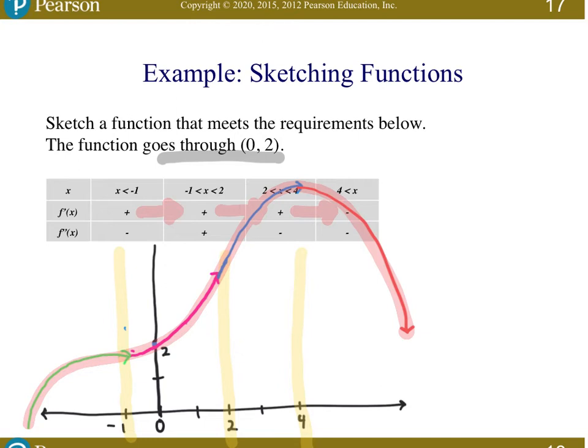Now let's check the concavity. Concavity is supposed to be concave down, switching to concave up, then switching back to concave down, and staying concave down. So concave down, switching to concave up, switching back to concave down, and staying concave down the whole way. Once again, I've met all of my requirements, and I went through that point (0, 2) that I needed to go through.